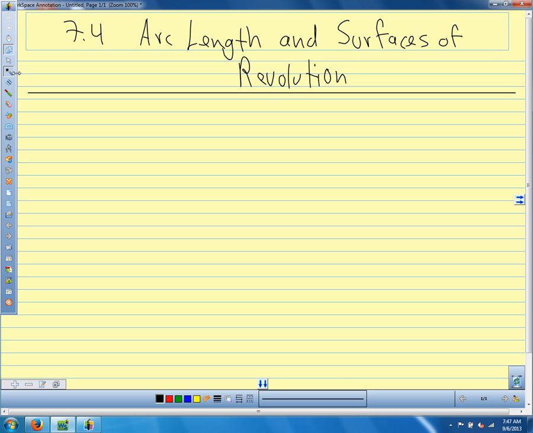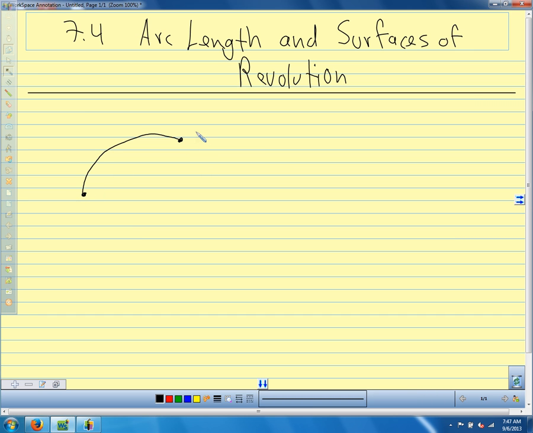All right. So what I want to do first is come up with a formula for how we're going to find the arc length of a particular curve. So I'm going to draw a little piece of a curve. Here are 2 points. Here's some curve, and we're going to use i as our index.